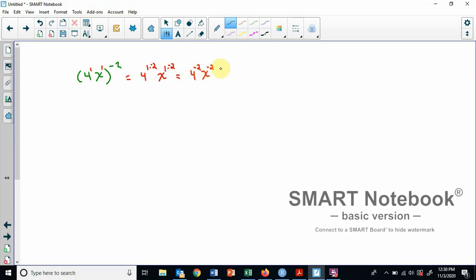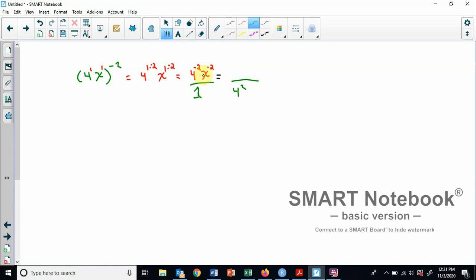Now, I cannot leave this with negative exponents because that would be improper. So if I make this a fraction, I see that the 4 to the negative 2 is on top of the fraction, so I'm going to need to move it down to make that a positive 2. 4 to the 2. Remember, if you take a base and its exponent and move it up or down in the fraction, it just changes the sign on the exponent.